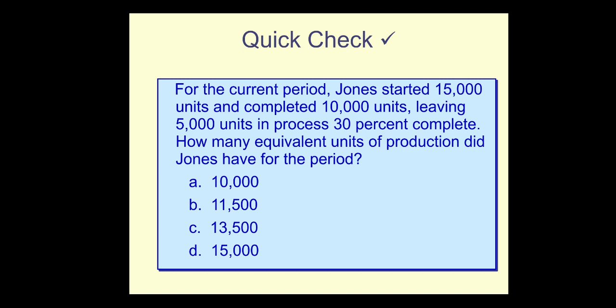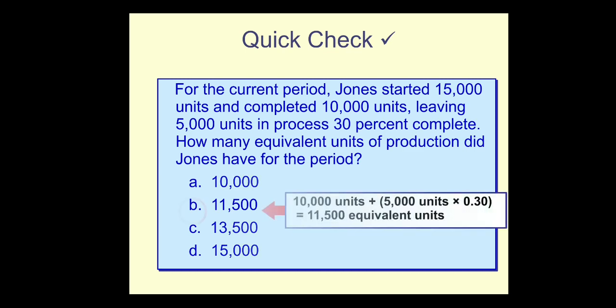At the end of the accounting period, maybe at the end of the month, 10,000 units are 100% complete. There is no problem with that. Another 5,000 units are only 30% complete. So these units at the end of the accounting period equal how many equivalent units?